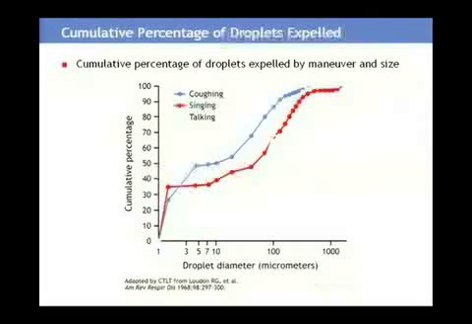But what you see here is that, although tubercle bacilli are expelled into the air when an individual talks, the majority of these droplets holding the bacilli are large and therefore unable to be breathed in by the exposed individual.